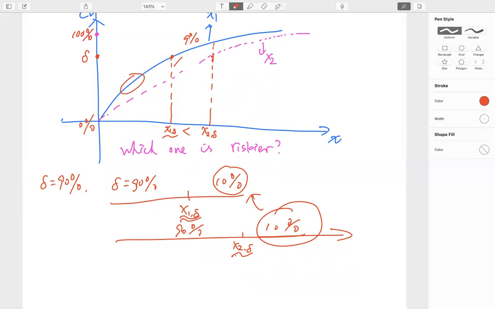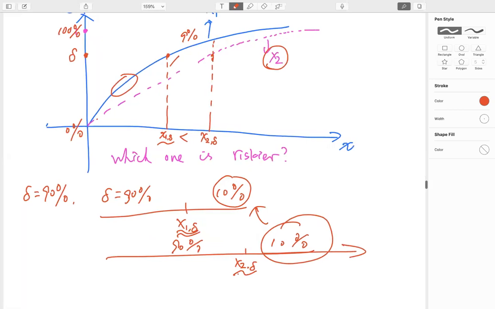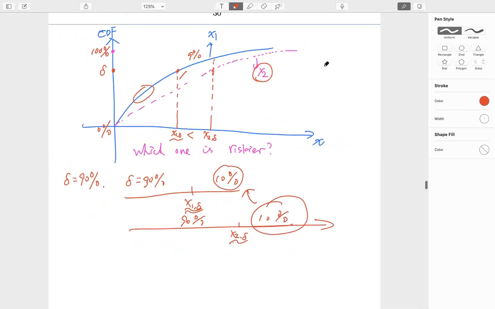So when we calculate the cumulative probabilities, it accumulates much, much faster than X2. It has more values on the lower side, so it accumulates faster. X2 is sitting below because most of the probabilities are on the bigger side, for bigger X's. That's why it's sitting on the lower side. So X2 is a riskier option, okay?